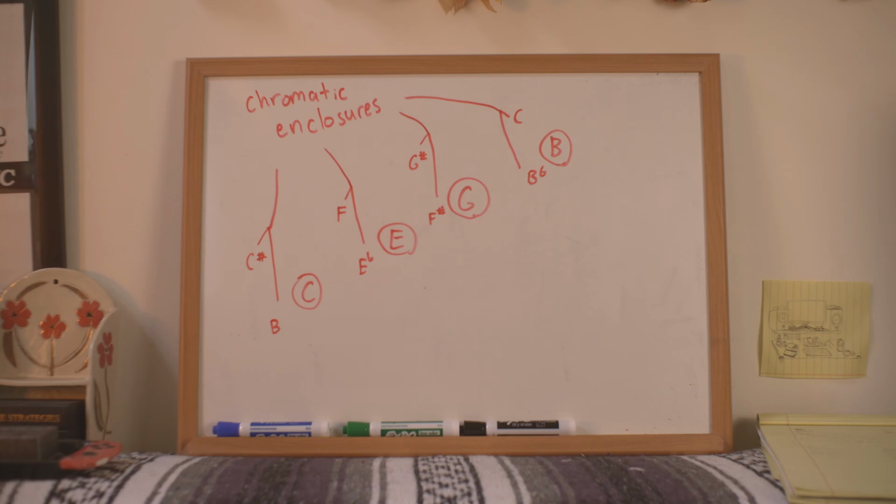So for the root, which is C, you could do C sharp, B, C. I didn't sing that right. Or like F, E flat, E, or G sharp, F sharp, G. It's a way of still following your chord tone melody, but introducing some more colorful options. Lastly, you can just simply repeat notes that are already in your guide tone melody.